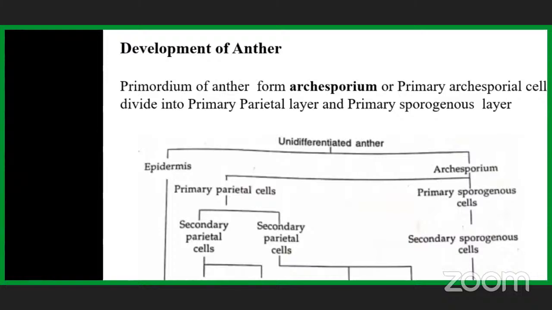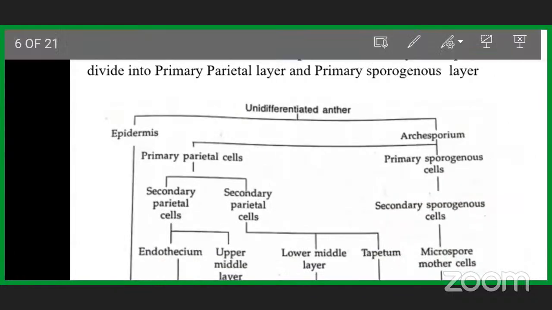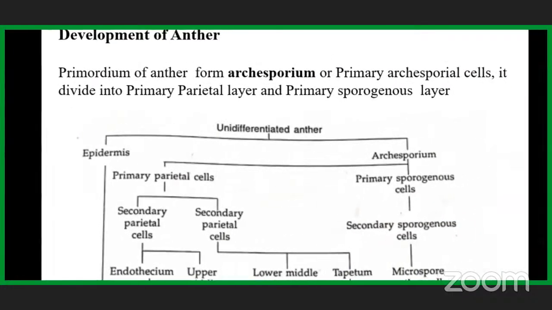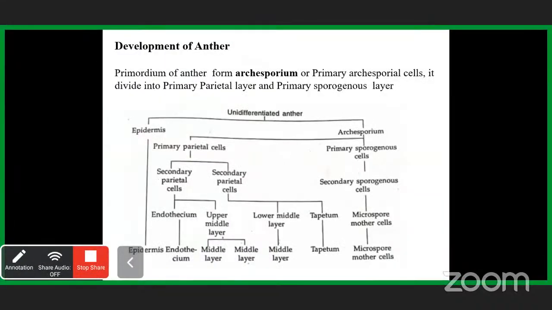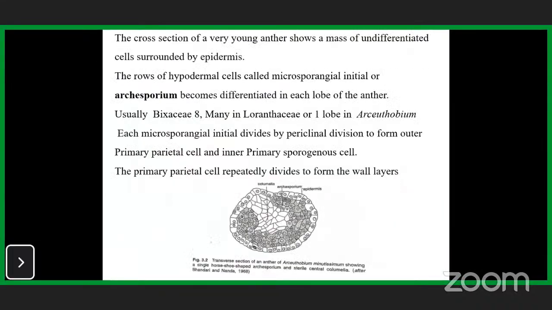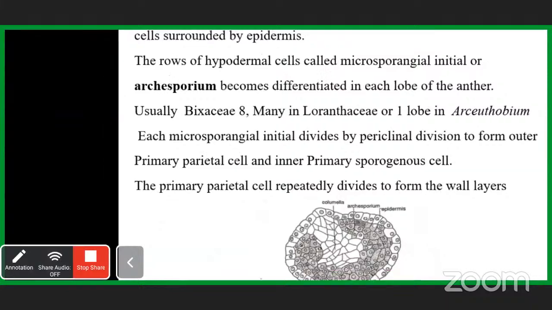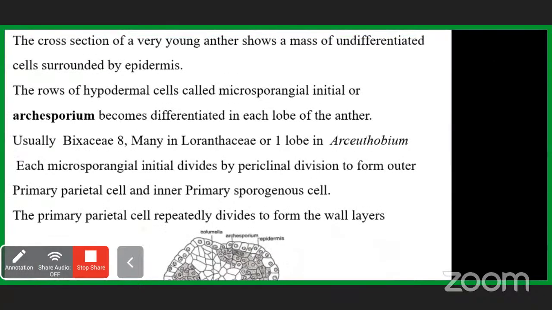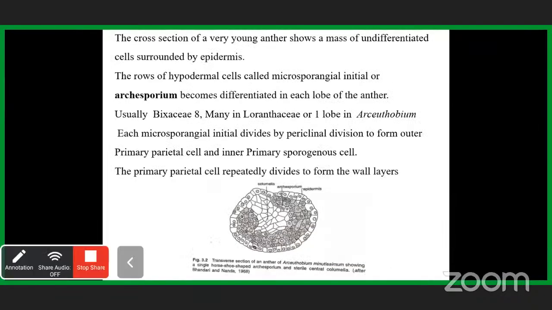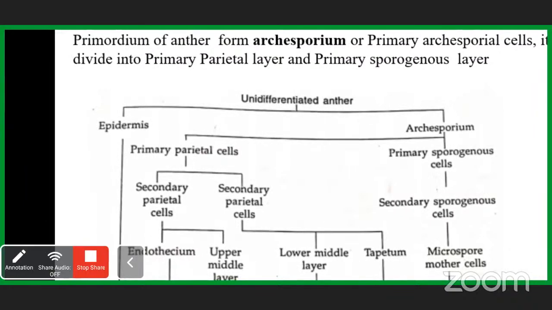Here you see the development of the anther, how it is taking place. The primary archisporial cells are being modified, forming various tissues to protect, and some of the tissue as germinating tissue.